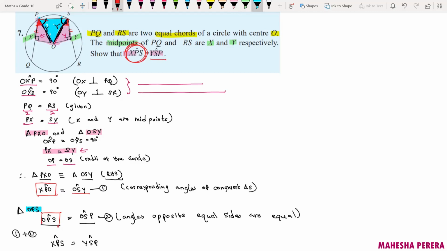Same way, when you add OSY and OSP, again red color angle and this black angle over here, you get the full angle, that means this angle YSP. So here is our answer.